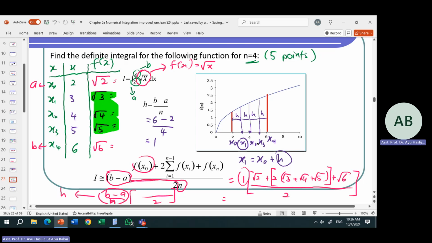Okay, how to know your answer is correct? Find the true value.